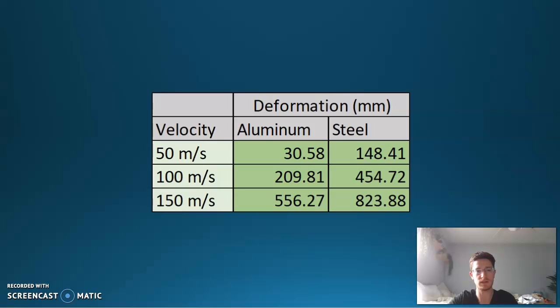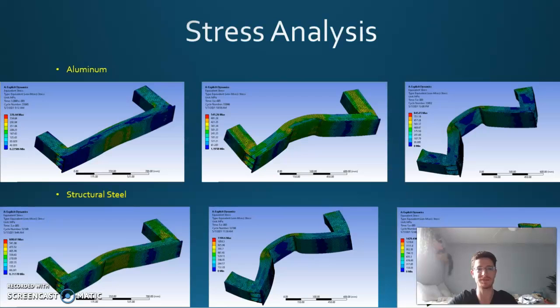Actually, for the 50 meters per second, it was significantly larger. I'm sorry, I messed that up. But this was something I was surprised by after the analysis. I redid it a couple of times to make sure that those results were correct.